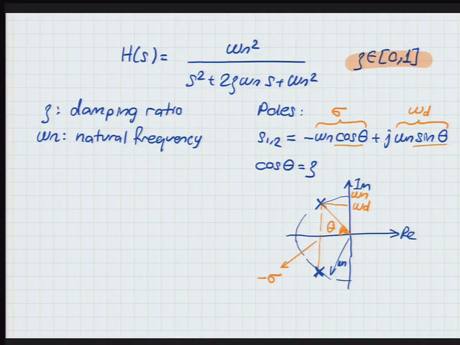So the two are not the same, right? They'll be the same only when zeta is equal to 0, because in that case, the poles will hit the imaginary axis. Okay? Makes sense? So this is an important picture showing us where the poles are and how that depends on zeta. And the precise relationship is through this. Okay?